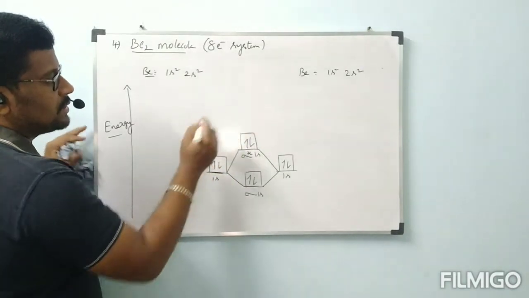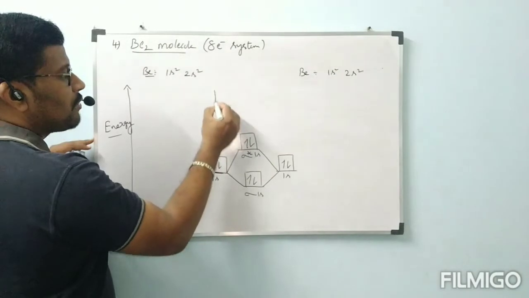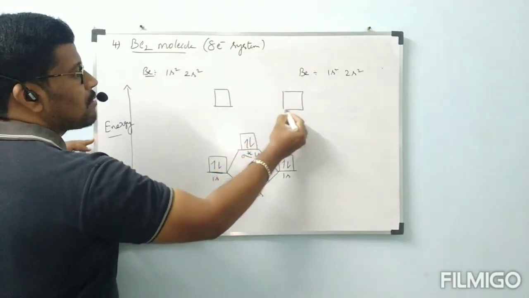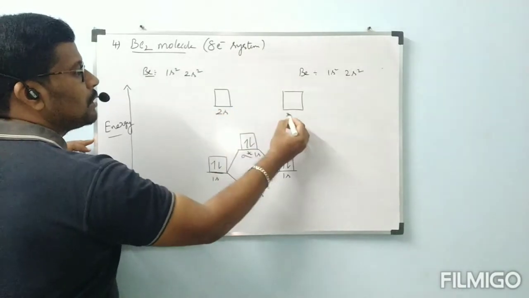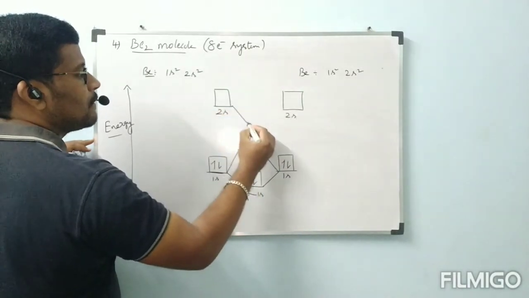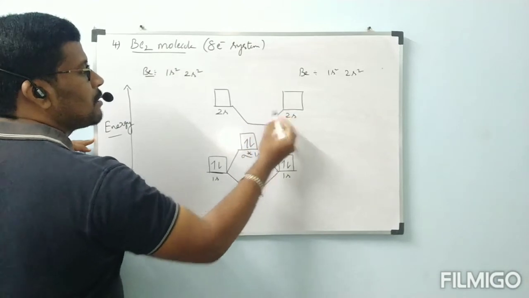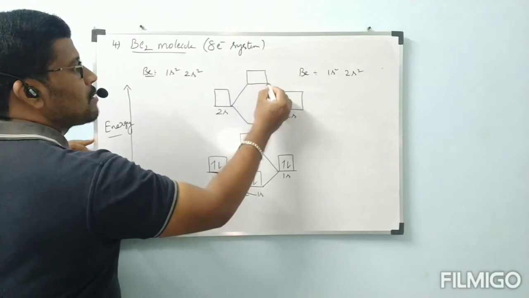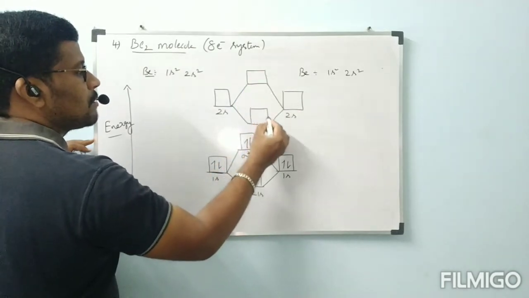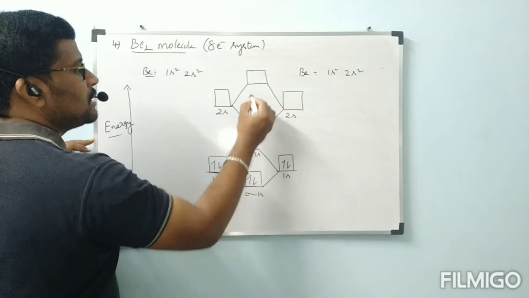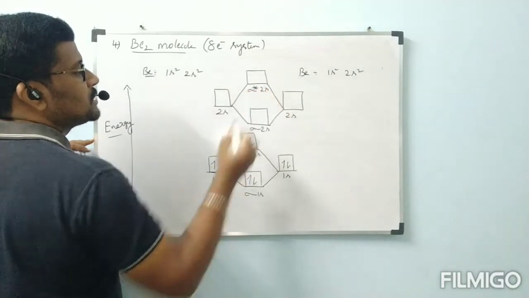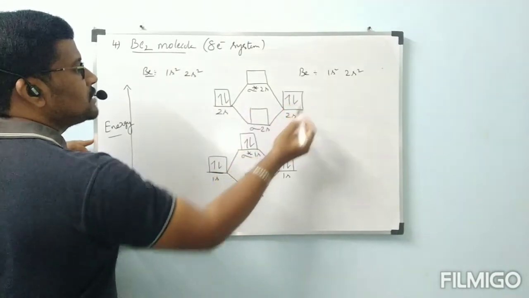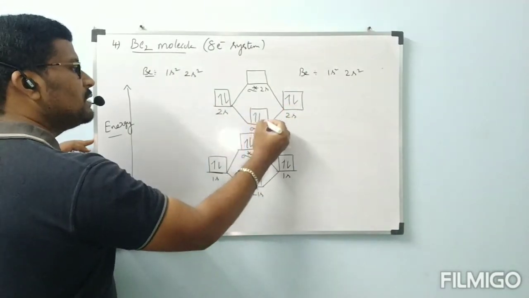Next 2s and 2s. They will give sigma 2s and sigma star 2s. In 2s we have 2 electrons, and here also we have 2 electrons, so totally 4 electrons are filled like this.